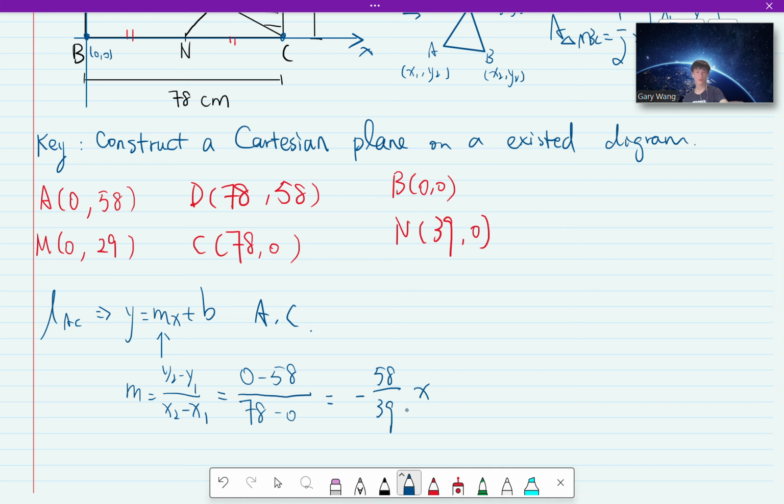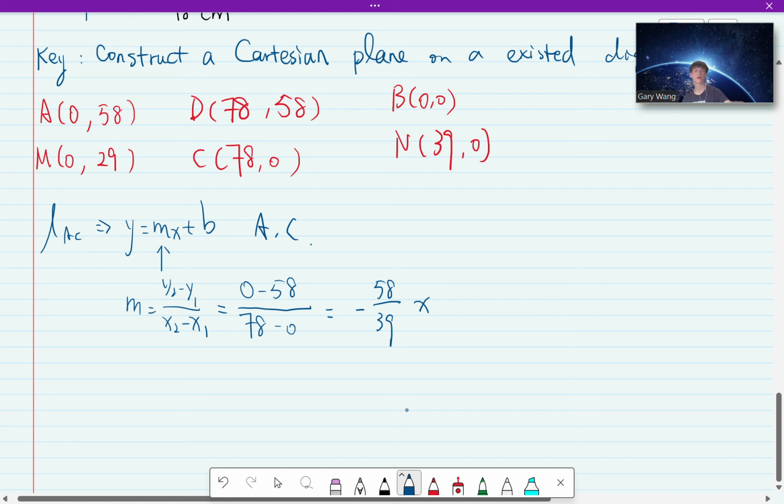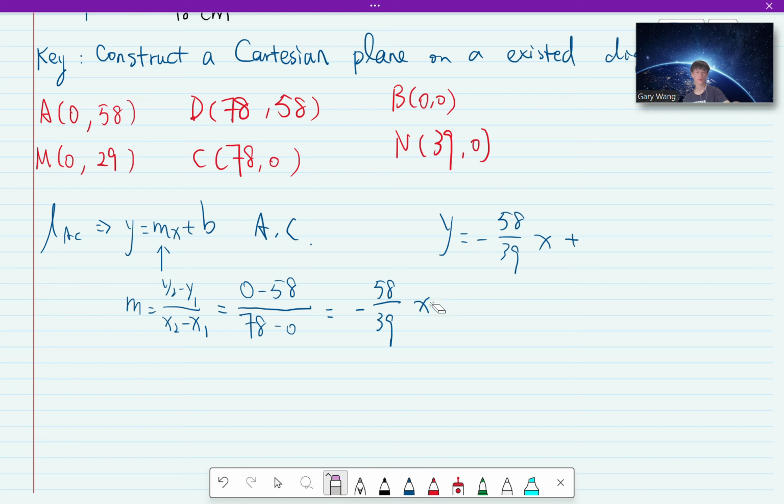And then we want to substitute this slope back in, y equals negative 58 over 78 x plus b, and then we substitute any of these two coordinates into this equation to find b. Let's just say A. So if we substitute this 0 in, we can see that b equals 58.